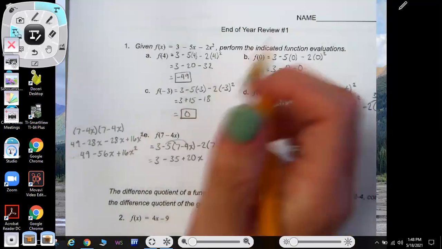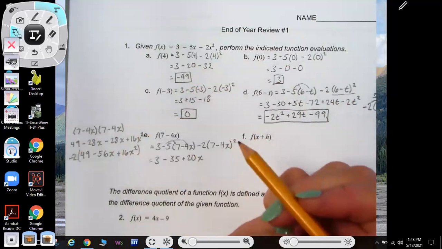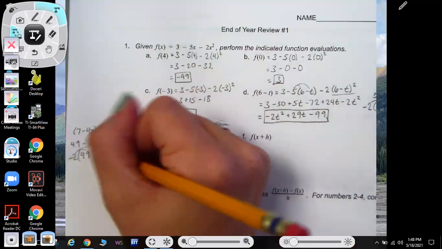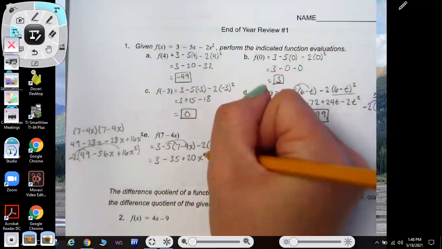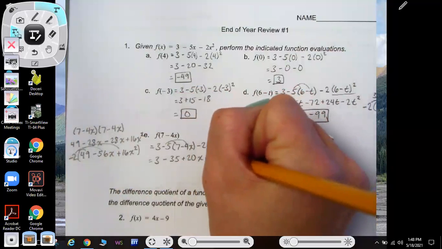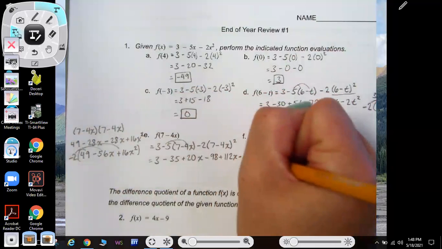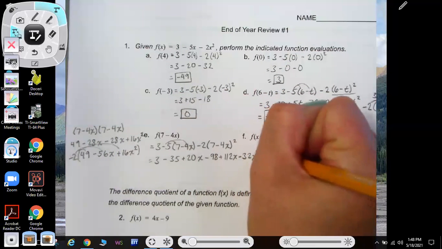So this is what we are distributing the negative 2 to. So when we distribute the negative 2, we get minus 98 plus 112x minus 32x squared.